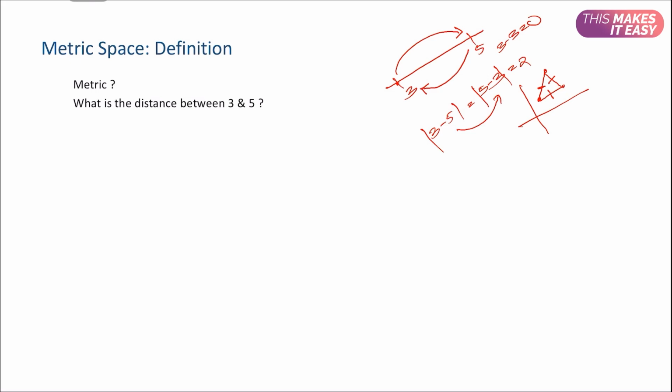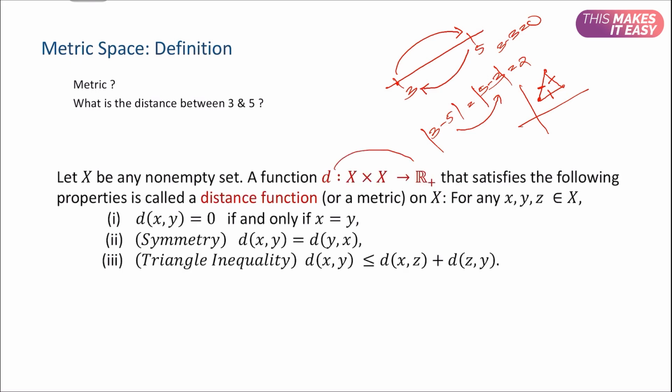Let us see the mathematical definition of a distance function. For finding a distance, there should be 2 points. In one dimension, those 2 points might be 2 numbers themselves. But in 2 dimensions, the points themselves will be vectors. This will be a vector of 2 elements. This will also be a vector of 2 elements. In 3 dimensions, it will be a vector of 3 elements.